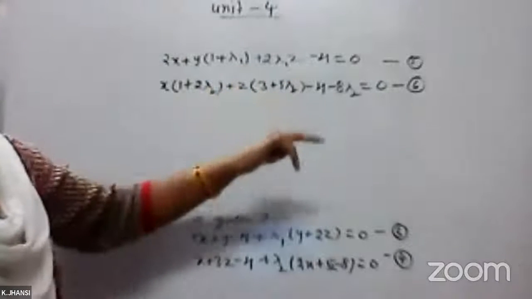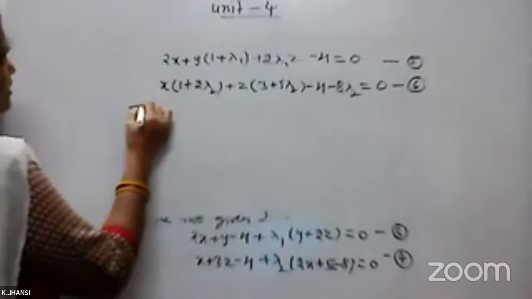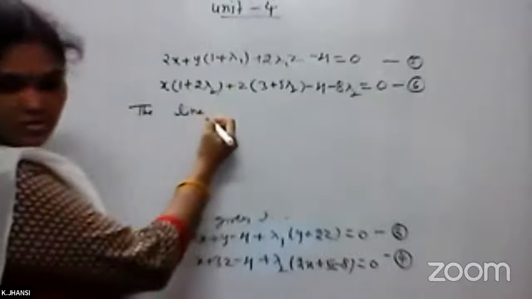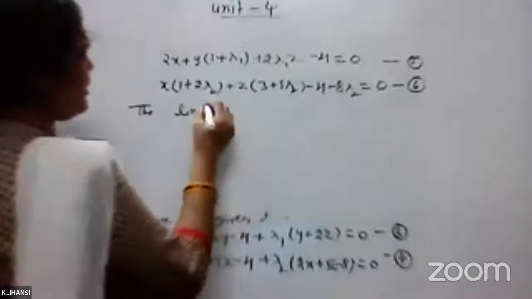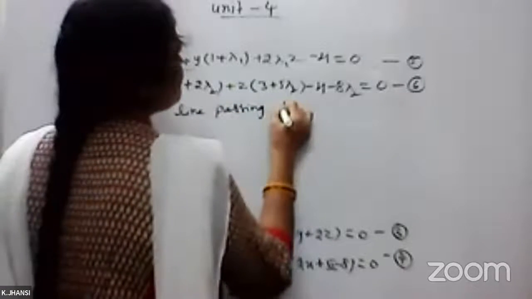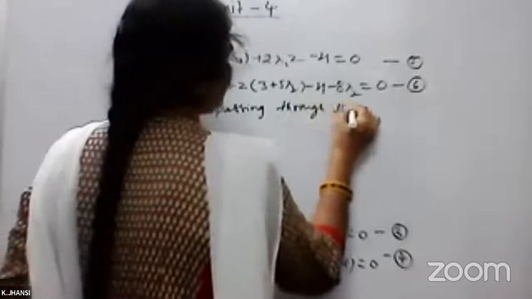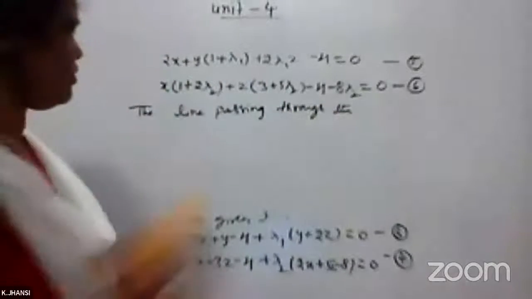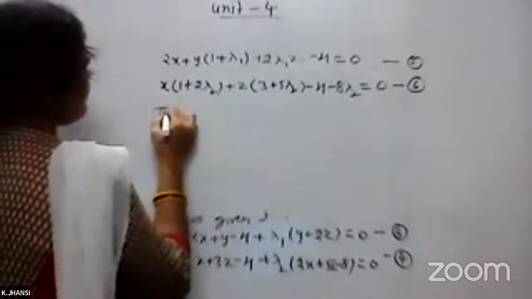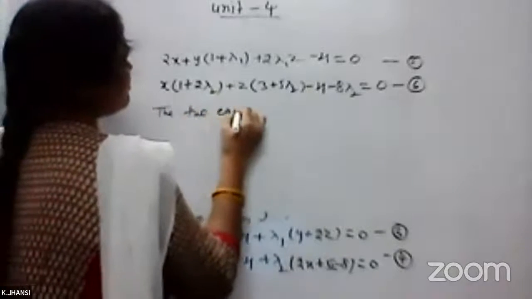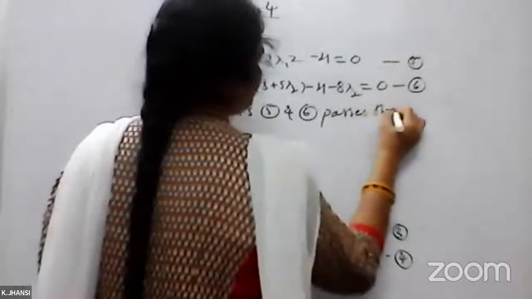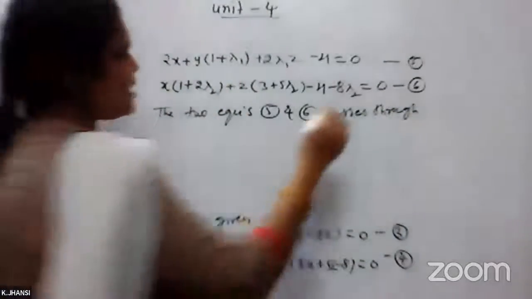The line passes through the point. What is the point here? 2, minus 1, 1.